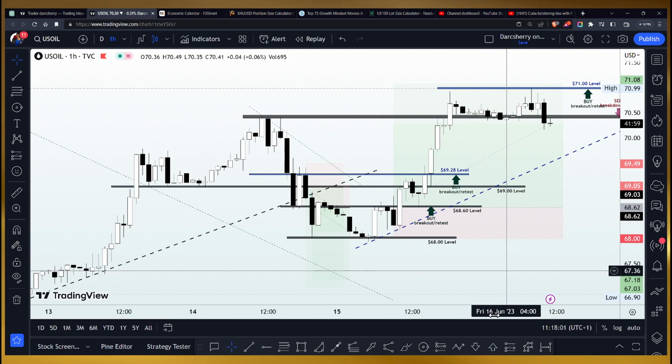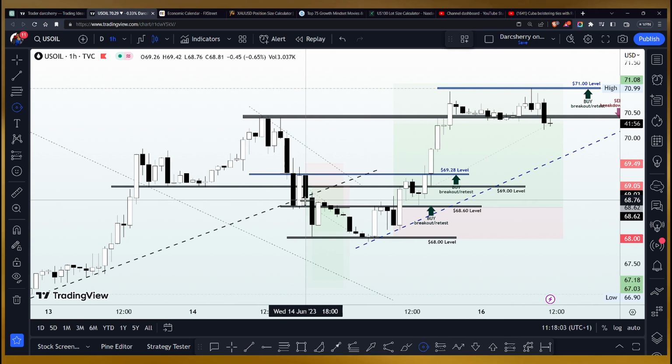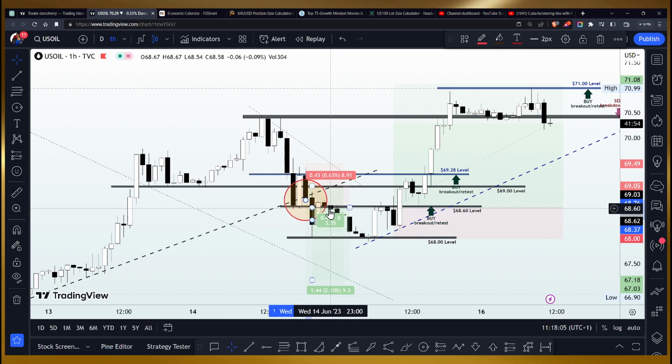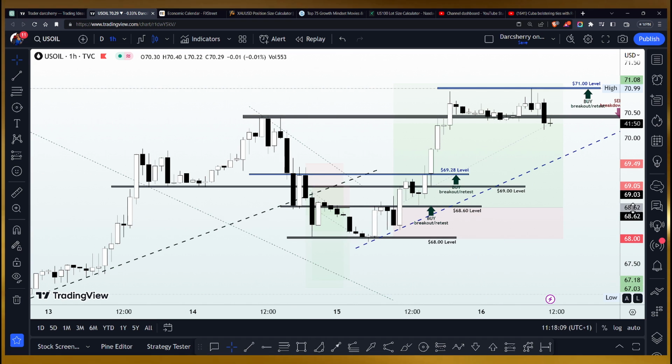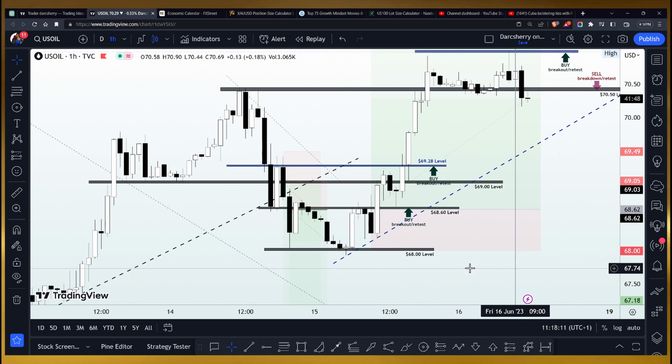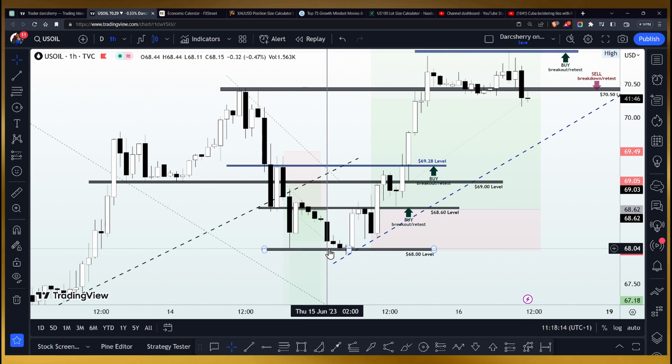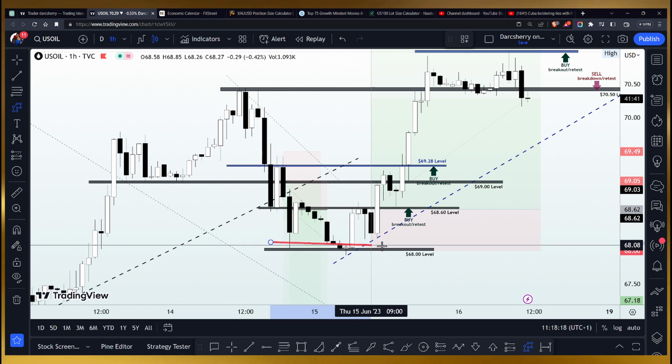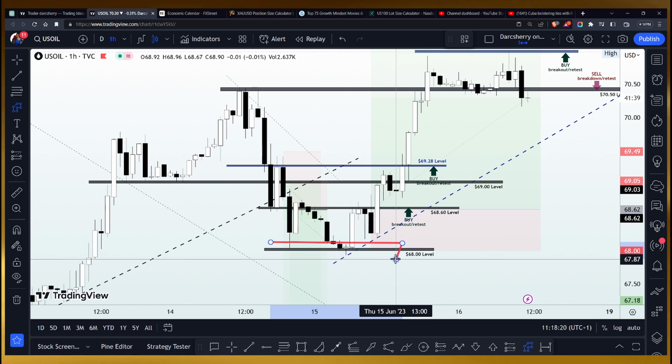So following the breakdown of this trend line, normally this should be seen as a bearish signal. But one important thing happened here on Thursday morning, where we saw how it was difficult for sellers to break through the $68 level.